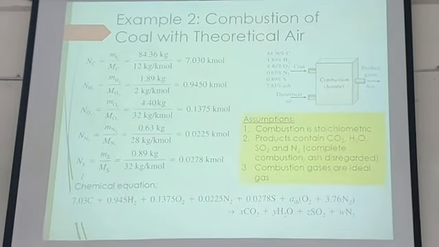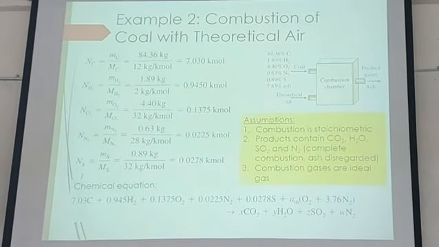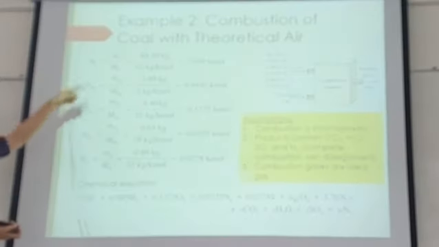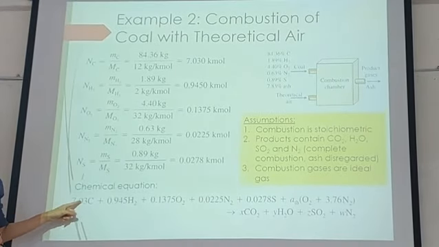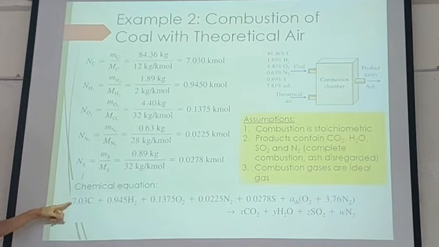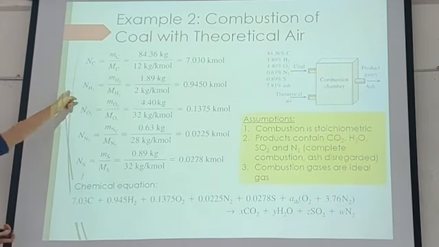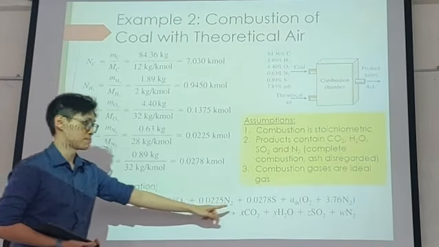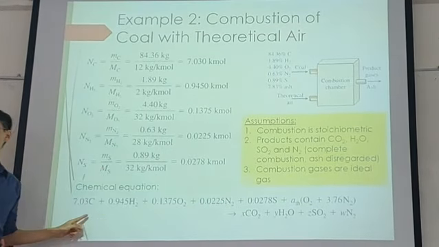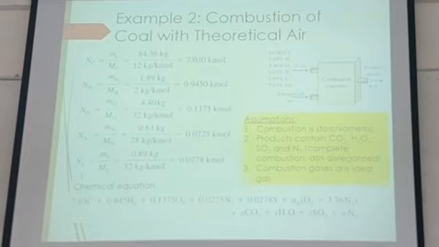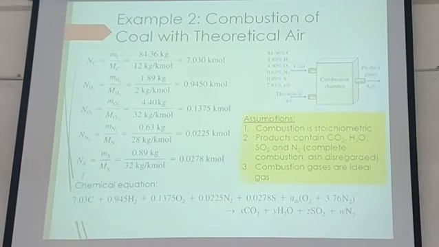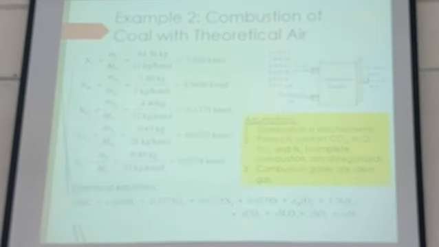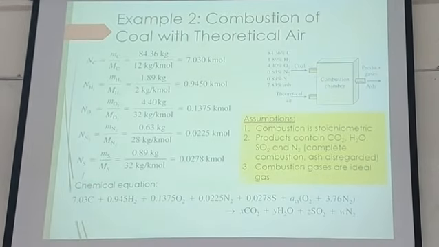What you got just now was mass analysis, so you cannot just assume 100 or 1 kg and sub the value into here, because that is based on mass. This equation must be based on mole. So we convert to mole analysis, then we put the value into the equation. That is the whole reason why we find the mole.